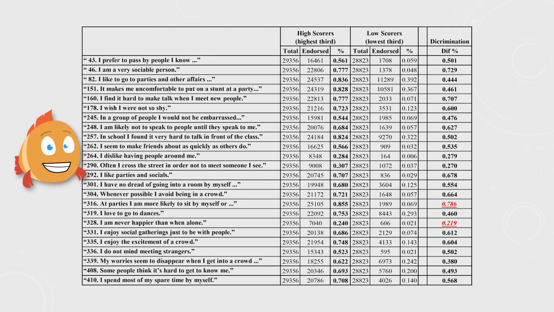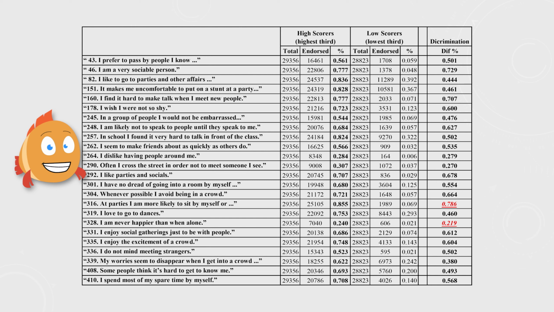It's the subtraction. So the biggest discriminator, which I've got here in red, is the item "at parties I'm more likely to sit by myself." In the high score group, 85% endorse this, while only 7% endorse this in the low score group.